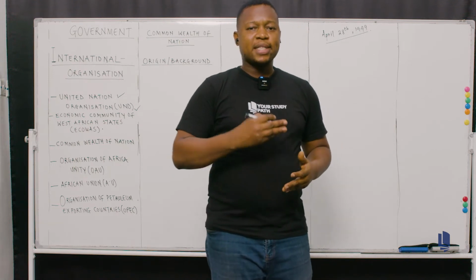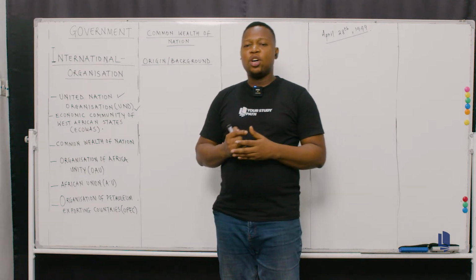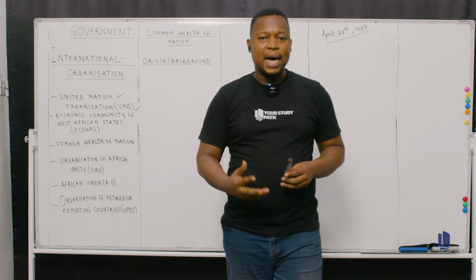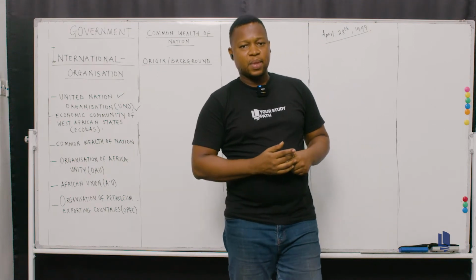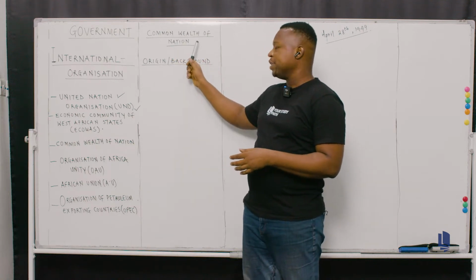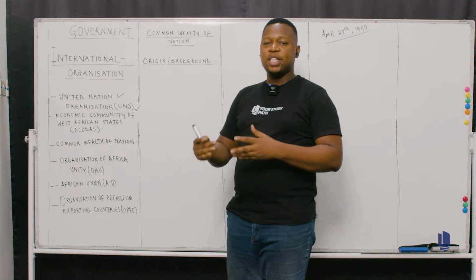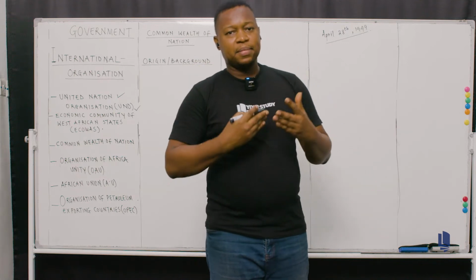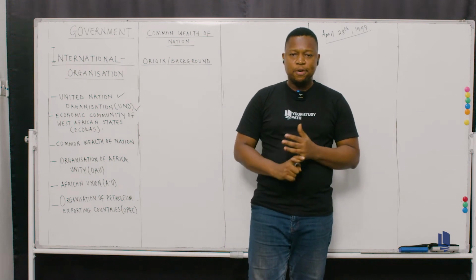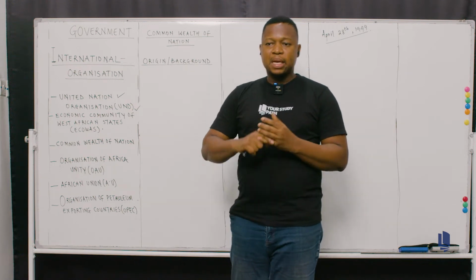As a result of one way or the other, the countries were colonized by Britain. So most of the countries that we have under Commonwealth of Nations are countries that share colonial ties with Great Britain. That's the first thing I want you to understand.